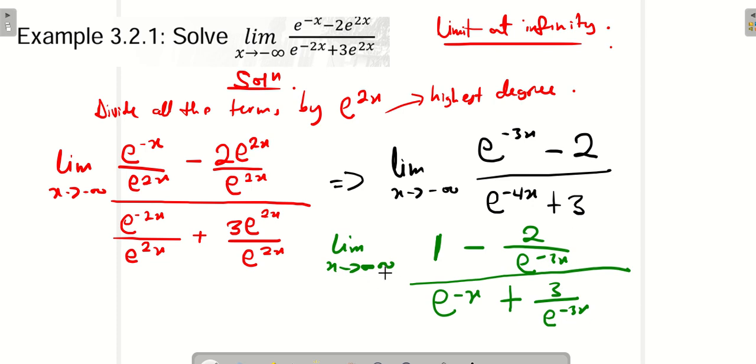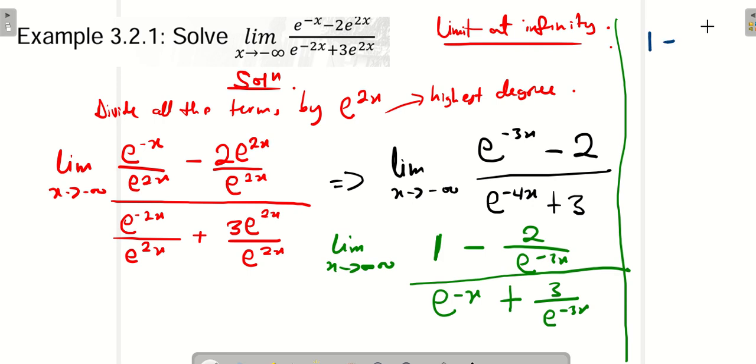Now let's apply the limits. We need to analyze them. Now in applying the limit, you realize that x is approaching negative infinity. So here is a constant 1. Let's put the 1 there.